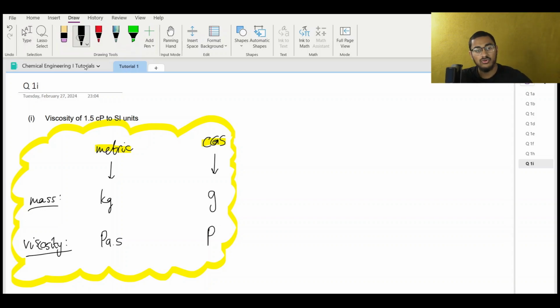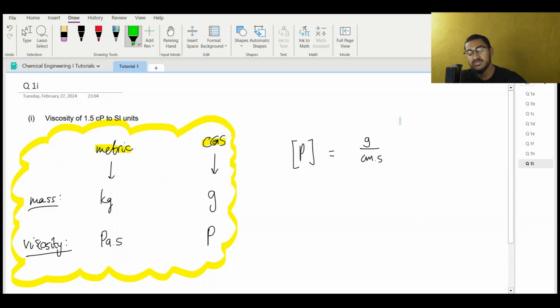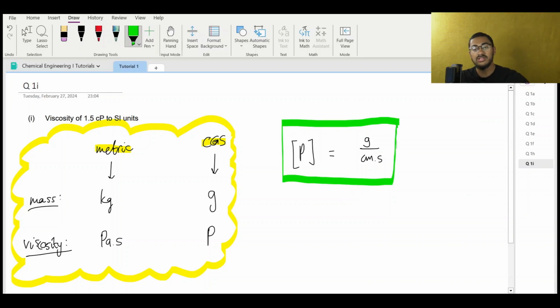One more thing, if you go to your data sheet, you'll see that the base unit for the poise is the gram per centimeter per second. And essentially what this is saying is, how many grams of a substance do I need for it to move 1 centimeter in 1 second? So you can picture something like honey.